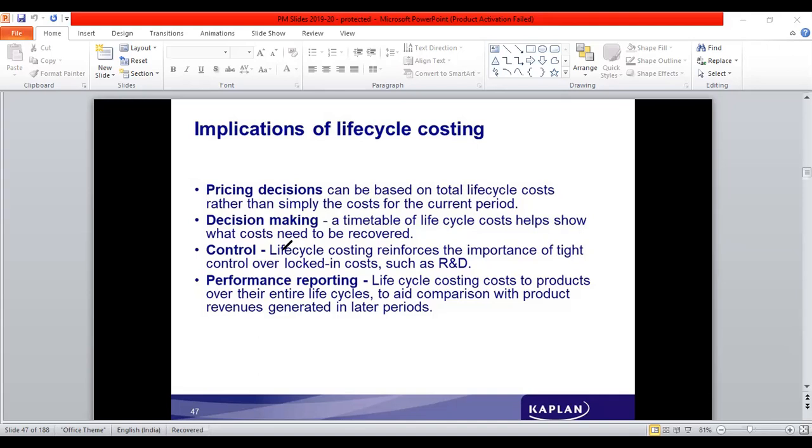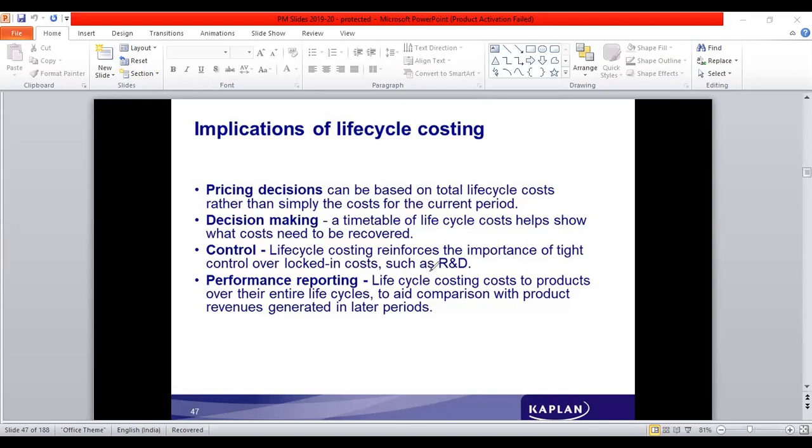Life cycle costing reinforces the importance of tight control over locked-in costs such as R&D. See, if these things are not brought into the purview of what is total cost, any amount can be incurred as R&D. But now, because R&D also is under observation, because it is included in the total cost, that cost also has to be recovered from the selling price per unit. Now selling price per unit also cannot be anything they decide, that we have already understood.